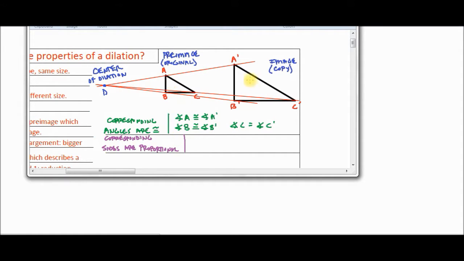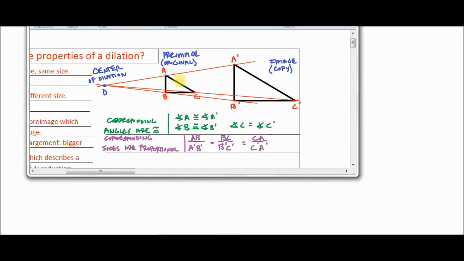That means if this is a dilation, that means that side AB on our pre-image divided by side A prime B prime on our image, that ratio is going to be exactly the same as side BC to side B prime C prime. And that's going to be the exact same ratio as side CA on our pre-image to side C prime A prime.